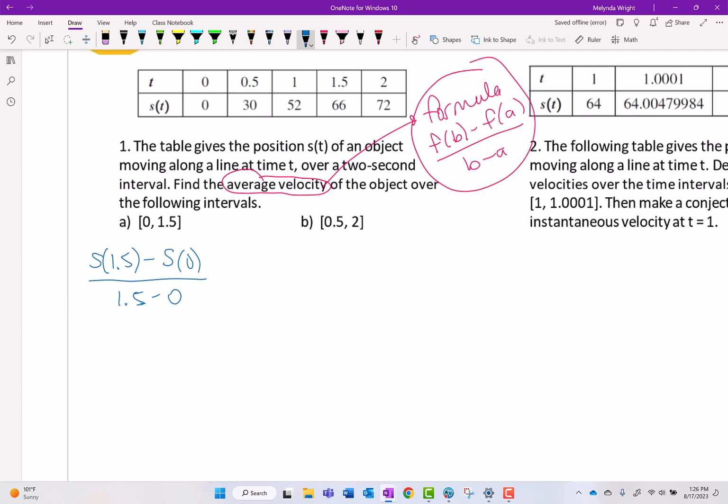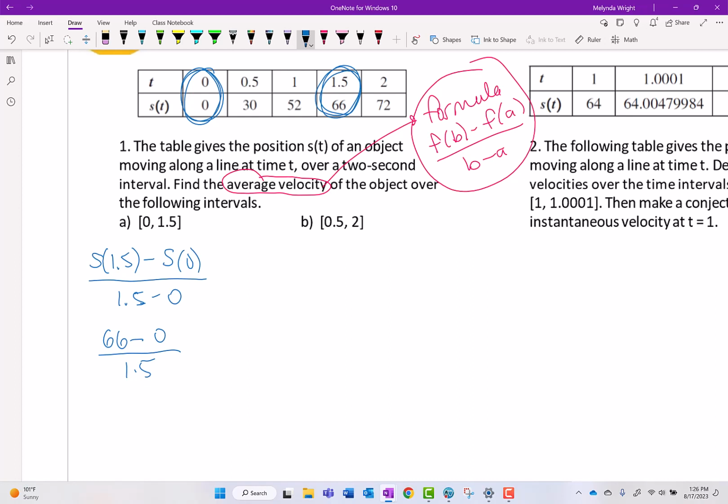Now putting numbers into it, S of 1.5 is 66. So 66 minus S of 0 happens to be 0 over 1.5.